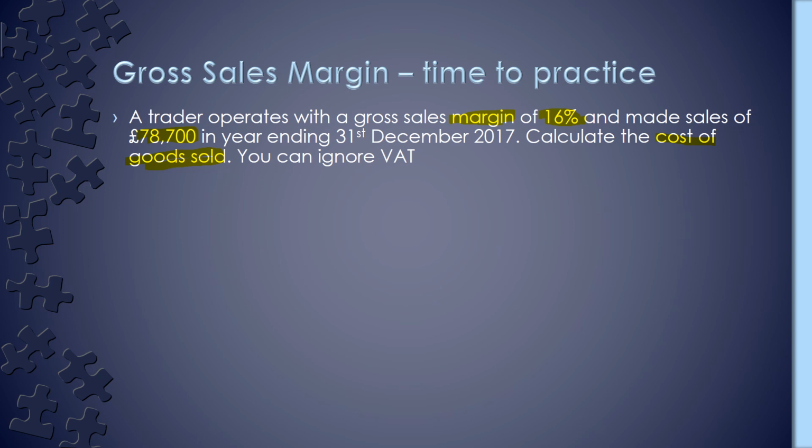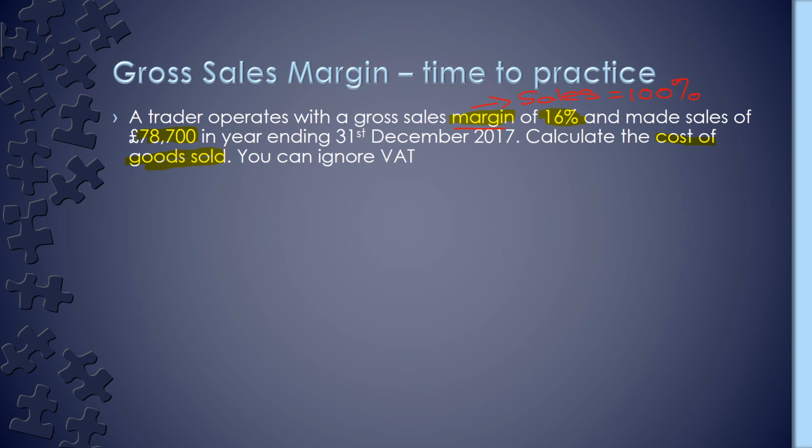So first of all, we know that we are going to be working with a margin, which means we need to base everything on sales. So if we're basing everything on sales, then sales must equal 100%.